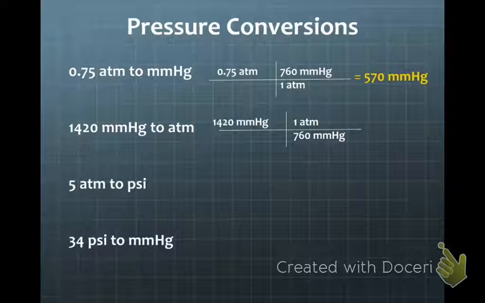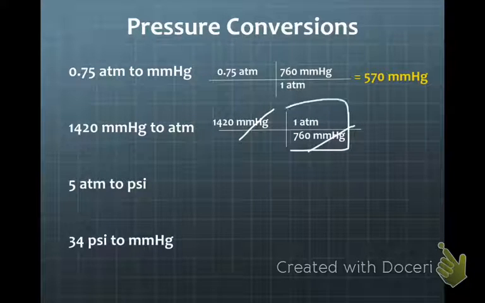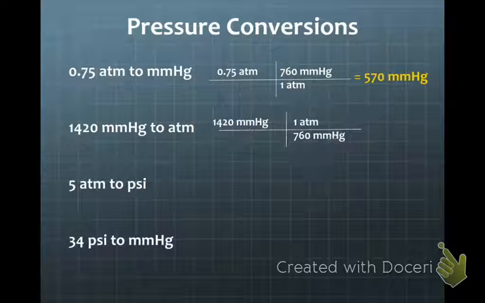And so you can see 1420 millimeters mercury in the numerator on the left, and then on the bottom right, I want to get rid of millimeters mercury to cross it out, and so I know that 1 atm equals 760 millimeters mercury, so you're going to do 1420 divided by 760, which is 1.87 atm.